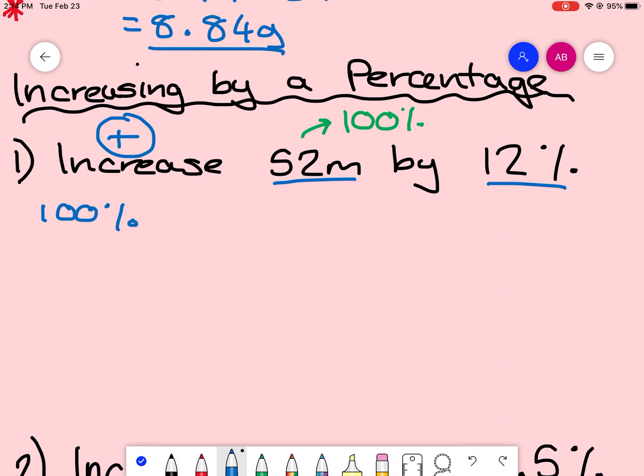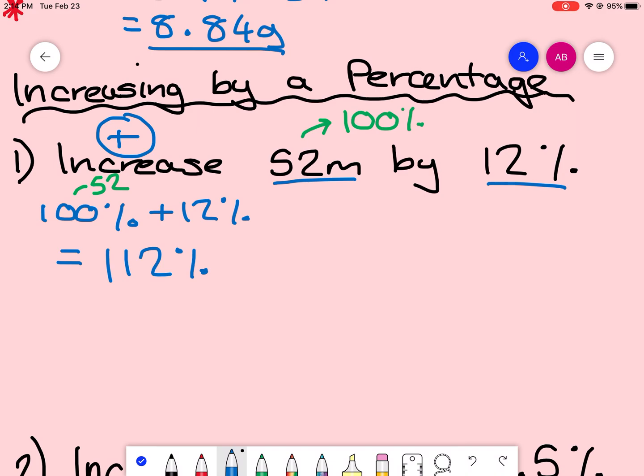And we're going to say, right, what are we trying to do with the 52? So 100% is, in fact, 52. I want to take the 100% and increase it by 12. So I want to add on 12% to that. 100% plus 12%, add the two numbers together, is 112%.